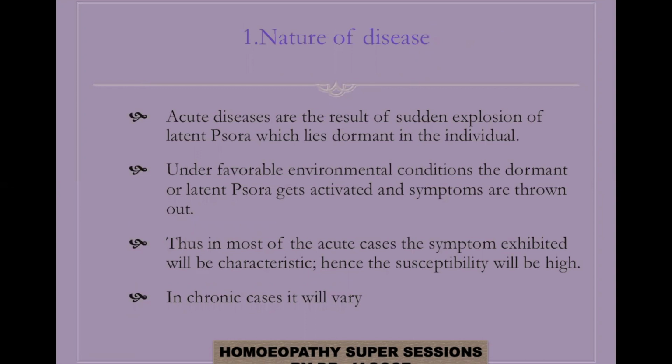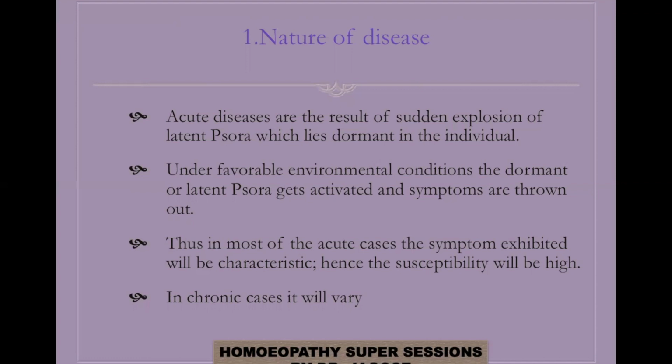So the first point, nature of the disease. Acute diseases are the result of sudden explosion of latent psora which lies dormant in the individual. In all my previous videos, I have told you that acute diseases come up suddenly. Why? Because the psora which is latent, slumbering, or inactive lies dormant, and all of a sudden it gets into activity because of the environmental factors acting on the host.